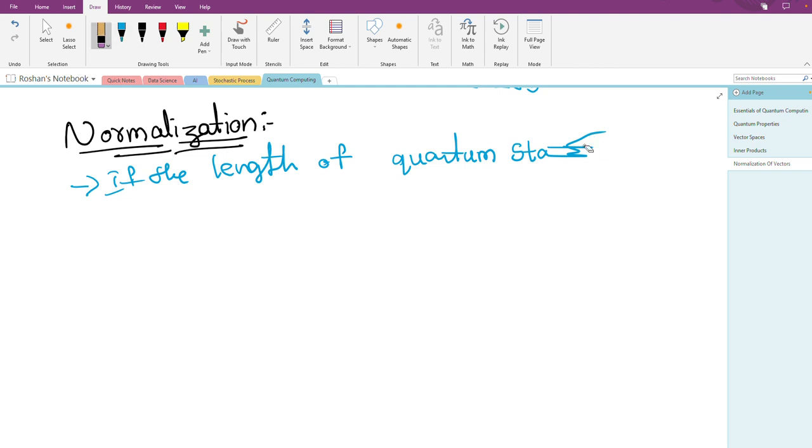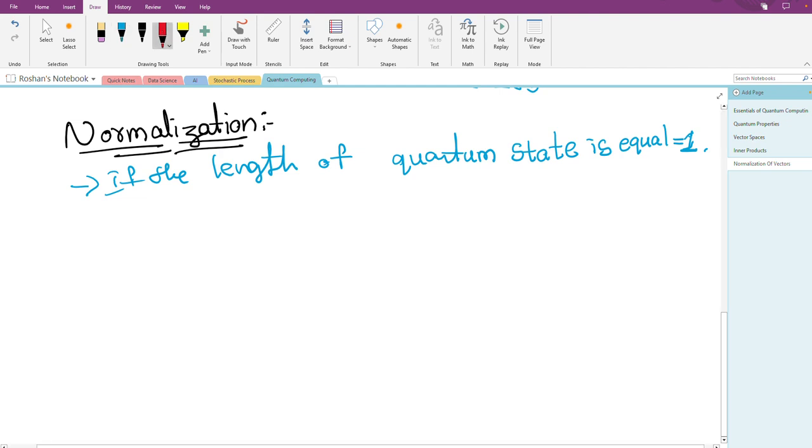Sorry for the disturbance. If the length of the quantum state is equal to 1, then we can consider that the quantum state is normalized.